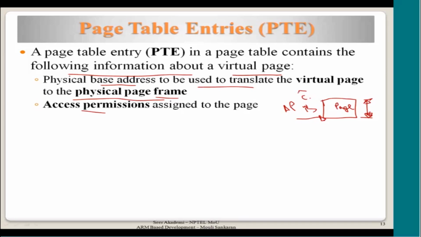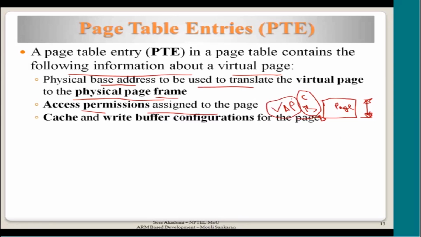That decision can be taken at a page level, and so they are assigned to the page. Whenever a particular page table entry is used, the access permissions belonging to that entry will be looked at. So cache and write buffer configurations for the page are also used here.